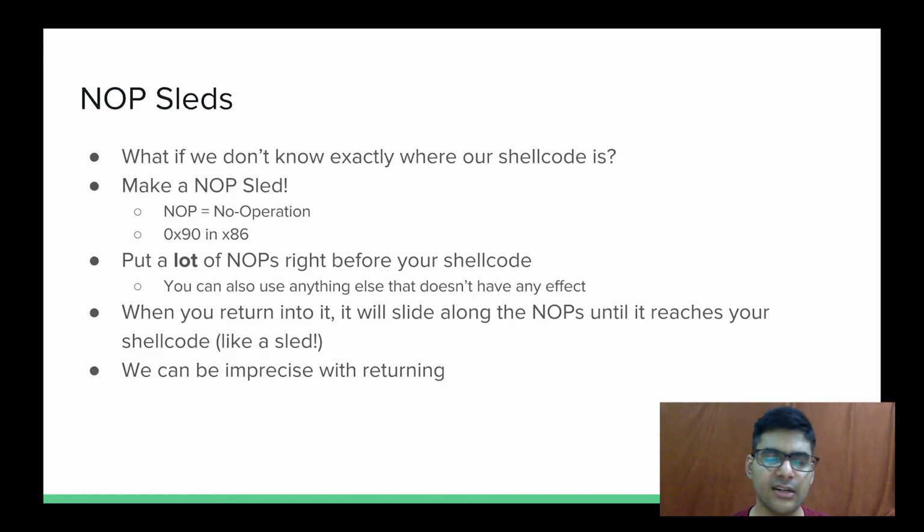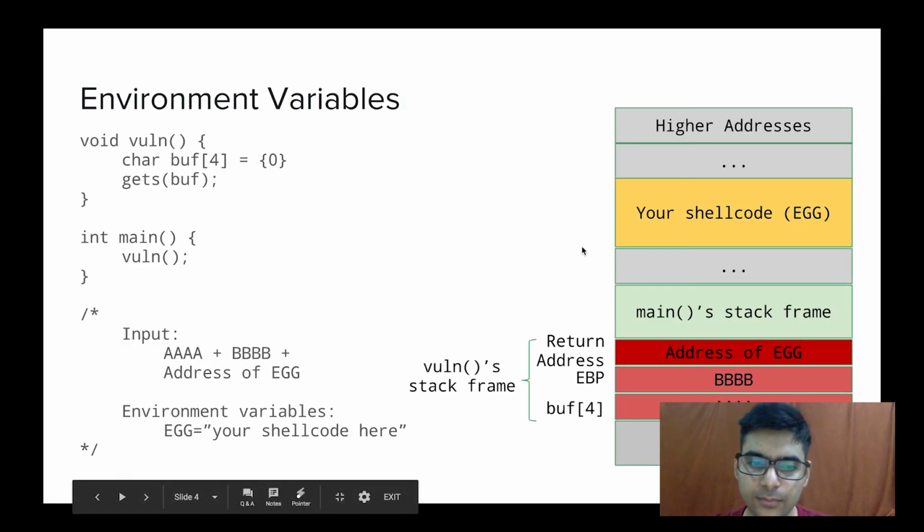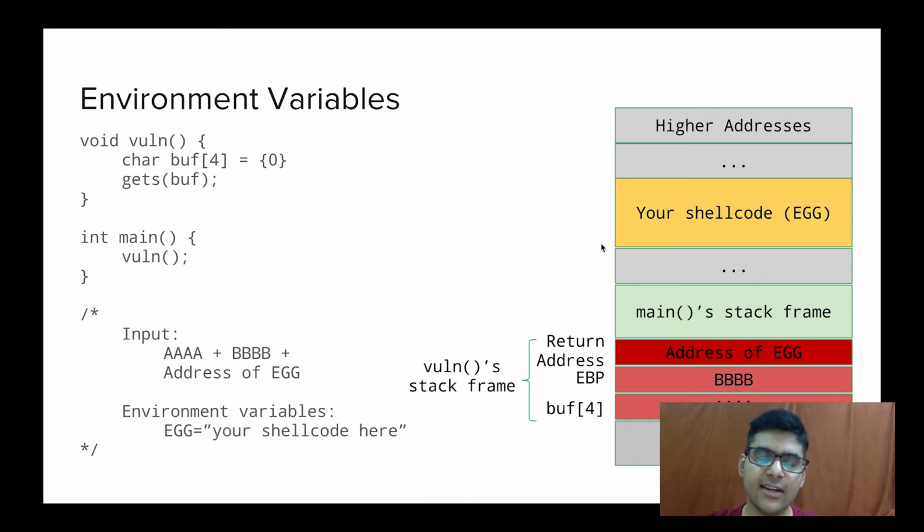One protection employed against getting this address easily is what is known as ASLR, which is address space layout randomization. Every time you run your binary, it gets loaded at a different place in memory, so at a different address.